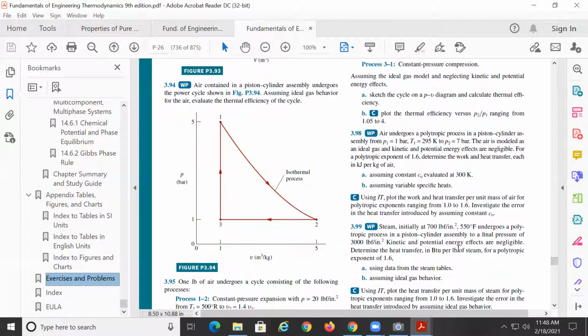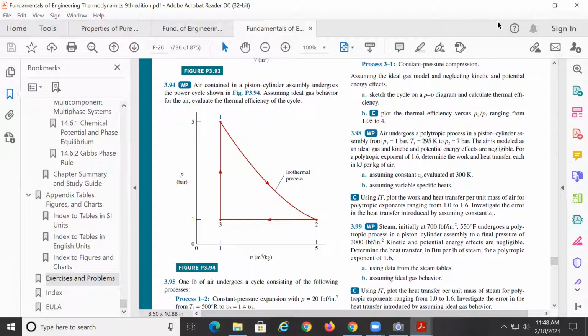Kinetic and potential energy effects are negligible. Determine the heat transfer in BTU per pound of steam for a polytropic exponent of 1.6. They ask us to solve this problem using the tables, and then the ideal gas behavior. Basically it means using equations instead of the table, so try to use more equations than tables.